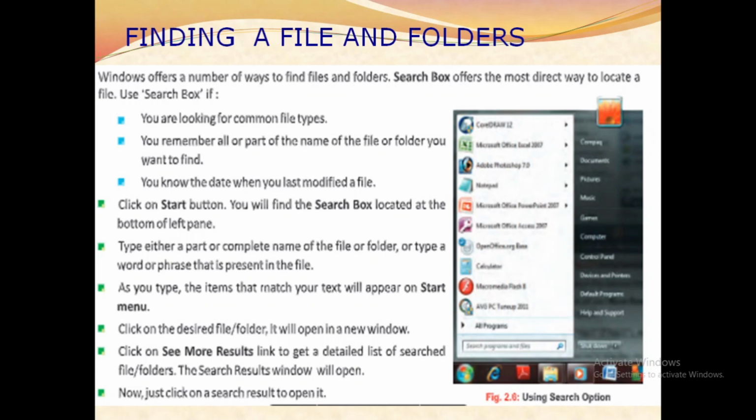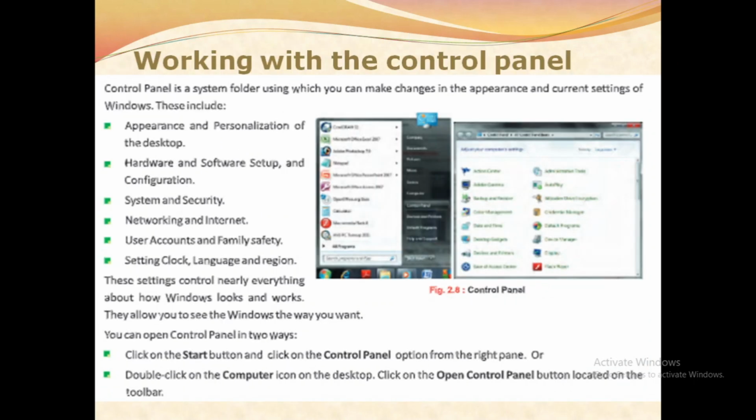Next, working with the control panel. Why do we need the control panel? What is the meaning of control panel? Why are we using it? Control panel is a system folder using which you can make changes in the appearance and current settings of Windows. For example, you can change the desktop, or see hardware and software setups of the configuration.